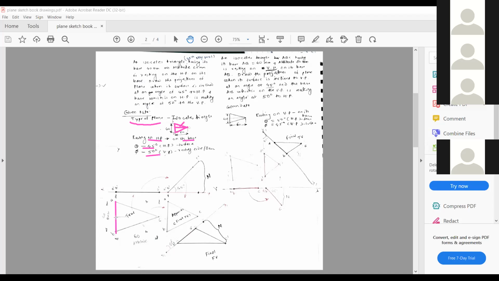Then mark the center point, and through the center point draw a line of random length, on which you will take 60 millimeter, measuring from this point to this point, and then finally join it. Okay, join this, you will get the true isosceles triangle. True isosceles triangle means 40 base and 60 altitude, right?